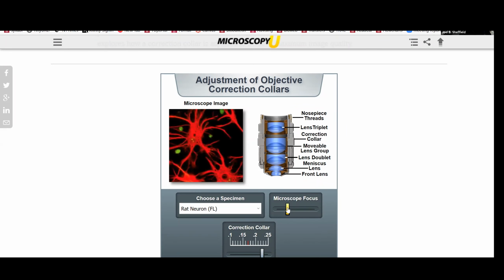Now, what's interesting in terms of modern microscopy, 2 points. First of all, this correction is in terms of thickness of cover slip, okay? And you'll see you get microscope cover slips that are given numbers, number 1, number 2, number 3, number 1.5. Those more or less correspond to the thickness of the cover slip.